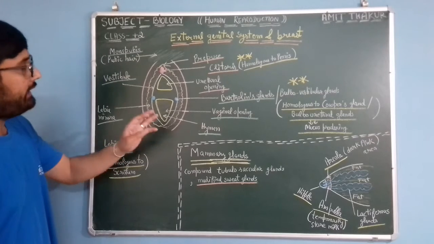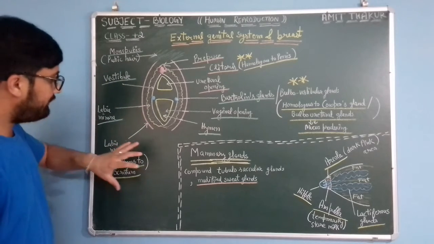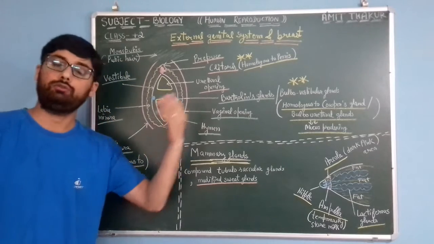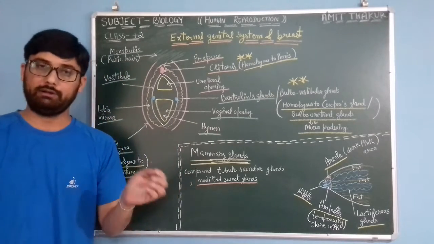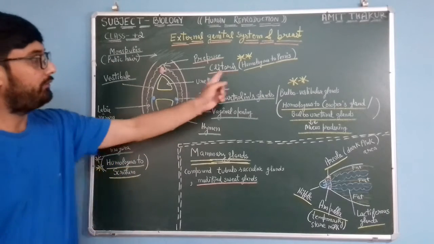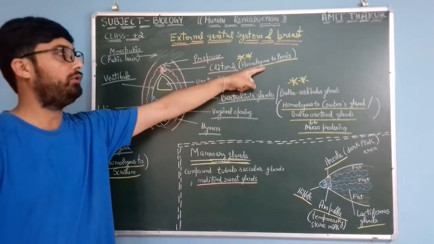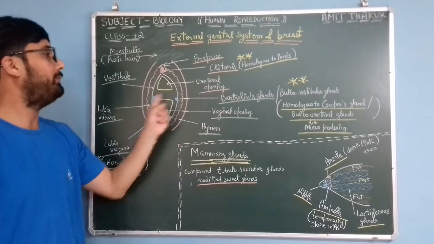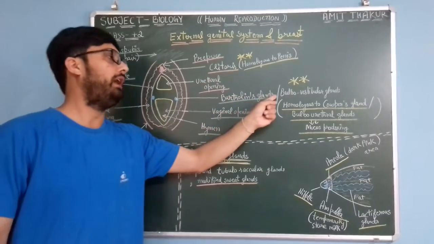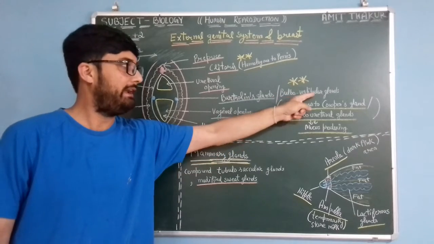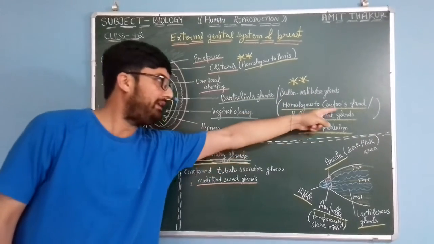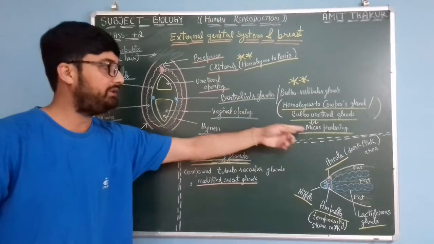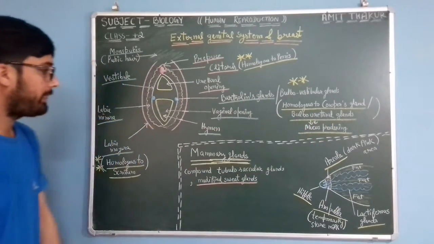Actually, we have three structures in the female genital system which are homologous to the male reproductive system. First, the clitoris, which is homologous to the penis in males. Second, these Bartholin's glands, also known as bulbovestibular glands, which are homologous to Cowper's glands or bulbourethral glands in males. Common feature: mucus producing.